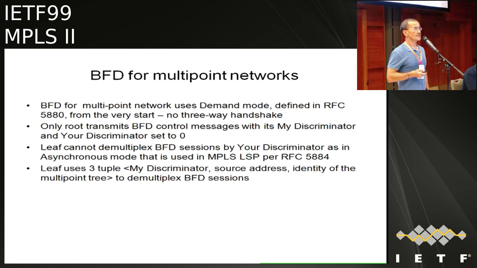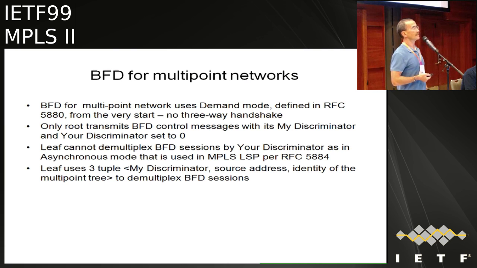Just to give a digest of how BFD works in multipoint networks, it uses demand mode. There is no three-way handshake. Obviously, there is no discriminator allocated by the leaves. All discriminators come from the root. So it complicates demultiplexing sessions by the leaf.